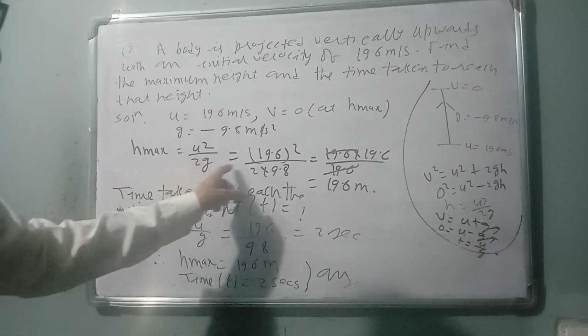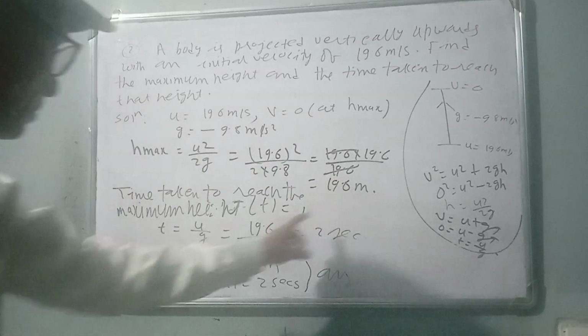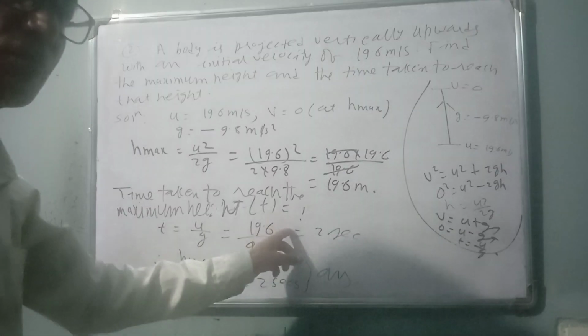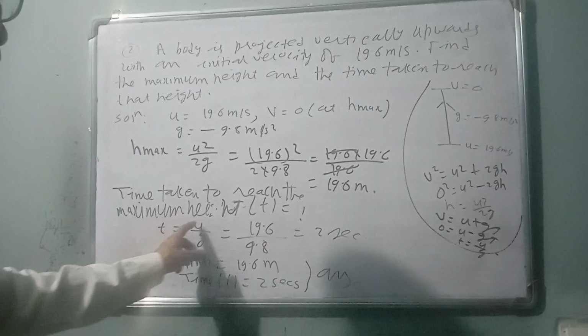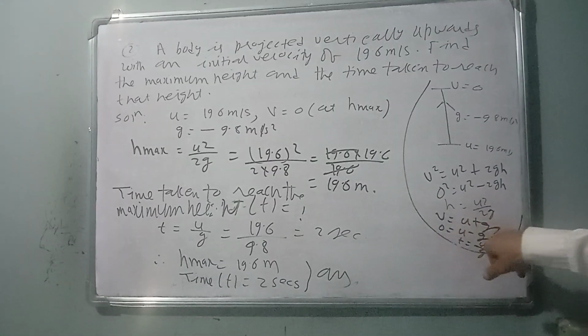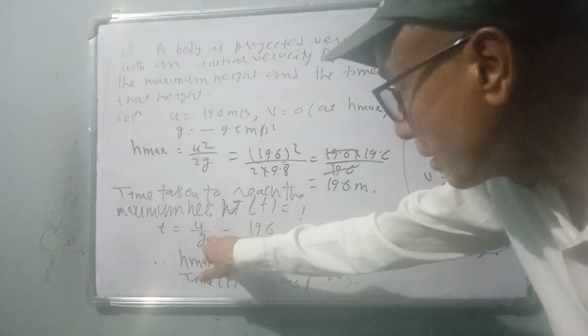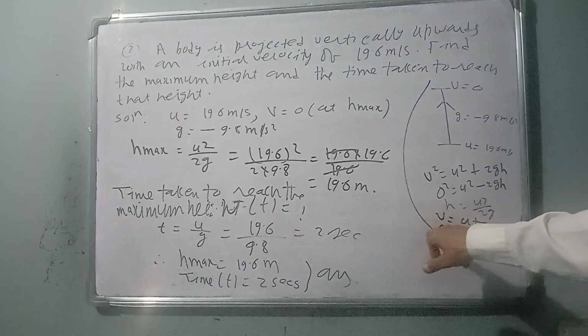H max is U square by 2g, which is 19.6. The time to reach that height is U upon g. If you are confused, you can use V equals U plus gt, from which this formula is derived.